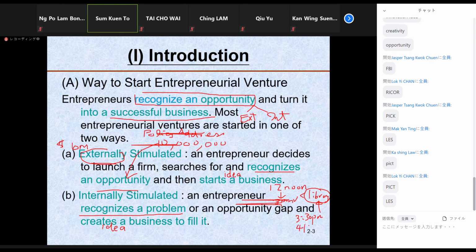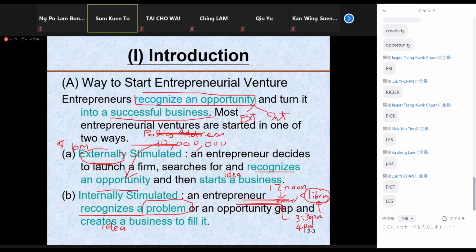Okay, so this is the problem you encounter. You are so concentrated on your revision, and you forgot that you have class at 3 p.m. until 3:30, even 4. And under that situation, you may think of yourself, I got a problem.